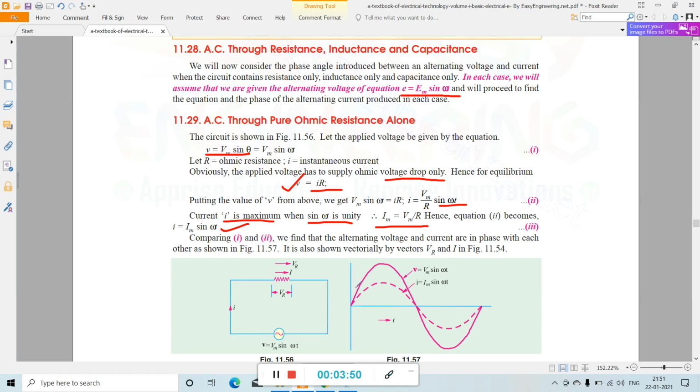This is shown here: this is the voltage waveform, and this is the current waveform. These two are in phase with each other.